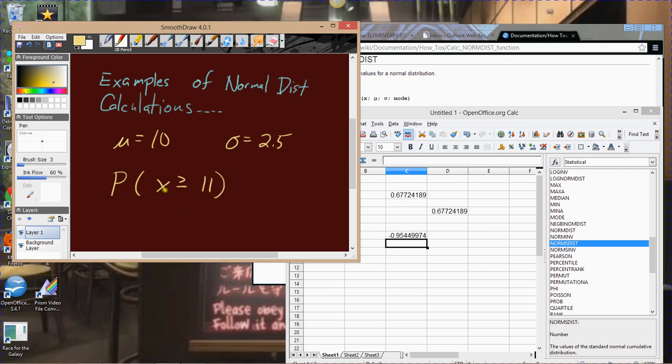The only reason I use x instead of z, people tend to use z for the standard guy and x for all the others. No real big deal. Again, if I use this function on my program, it gives me area to the left. So, well, here's 10, that's 12.5, so 11's about right here. My program's going to give me this area over here, but we want this one.